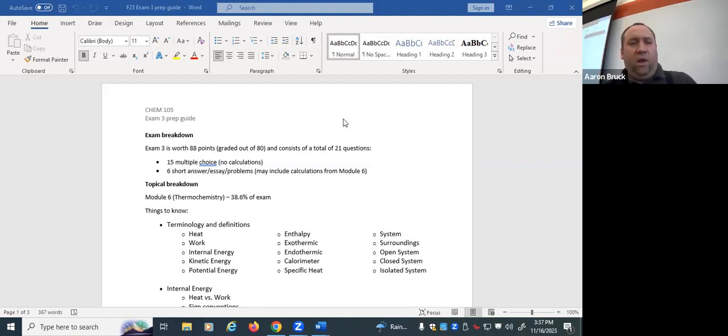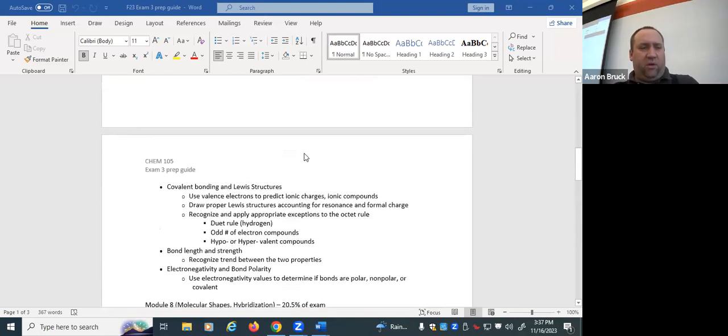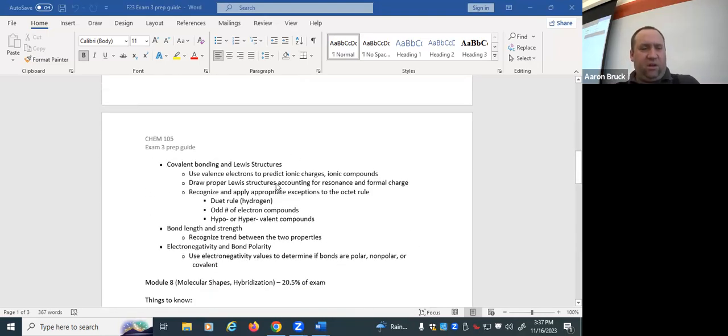Okay, so when it comes to the octet rule, module 7, there are 3 primary exceptions to the octet rule. They mostly have to do either with capacity or with formal charge. In terms of capacity, we're talking about something like hydrogen.